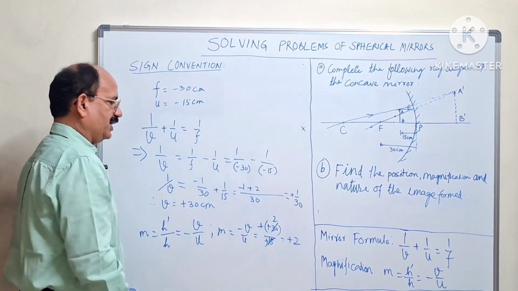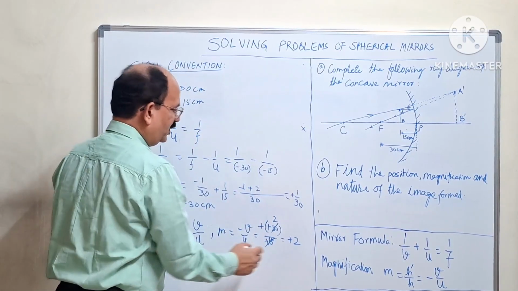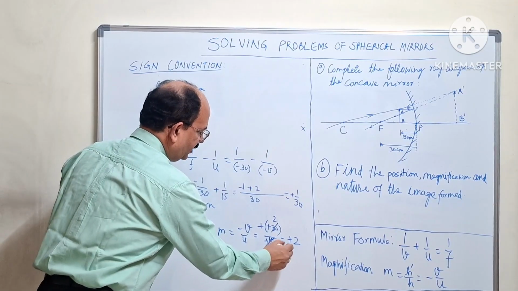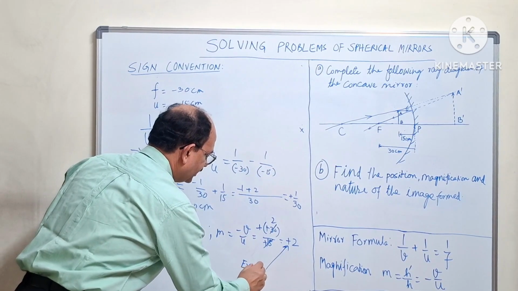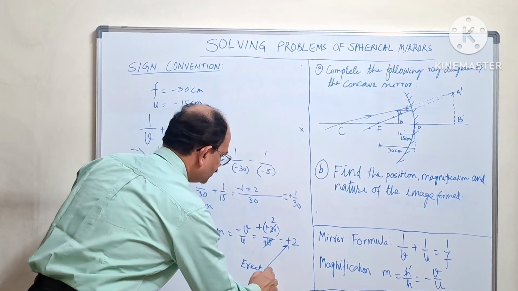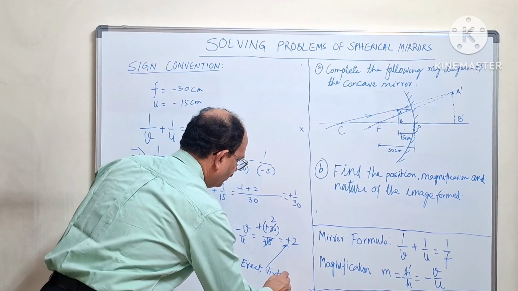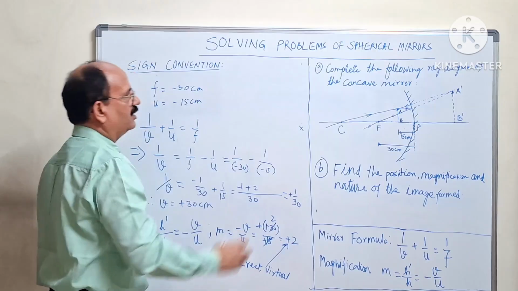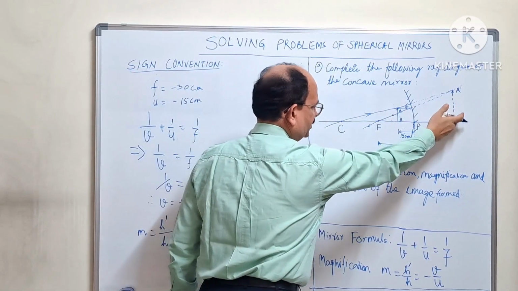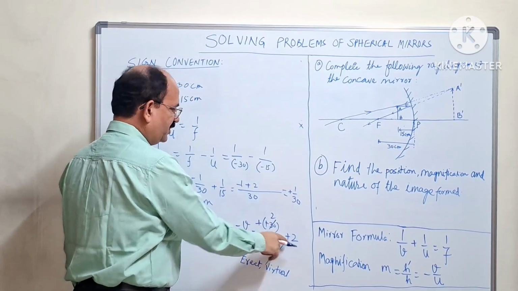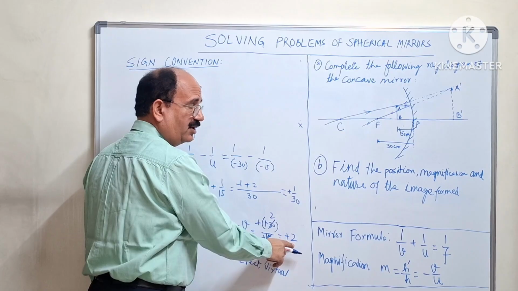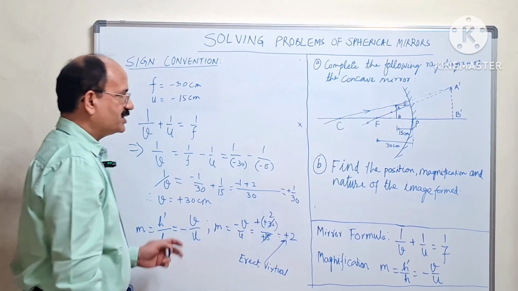Now magnification is plus 2, it means the image is erect and therefore the image should be virtual, which we also see in this case, that the image is virtual and erect, and the image has been magnified 2 times the original object.